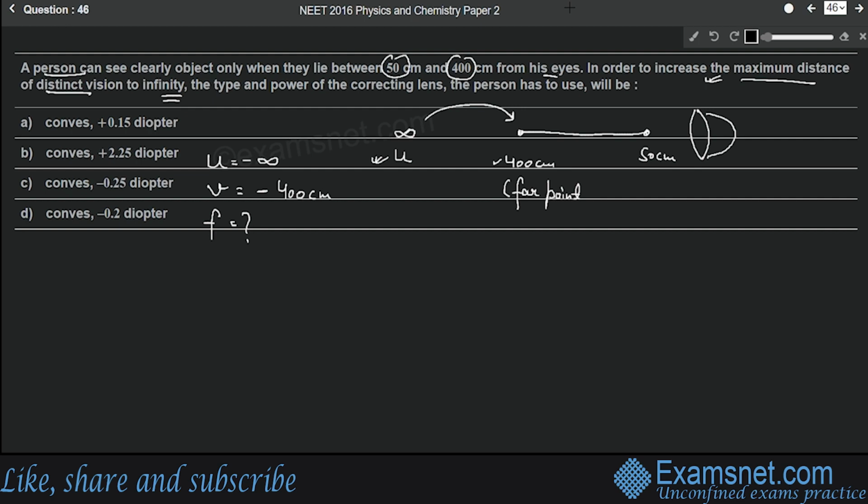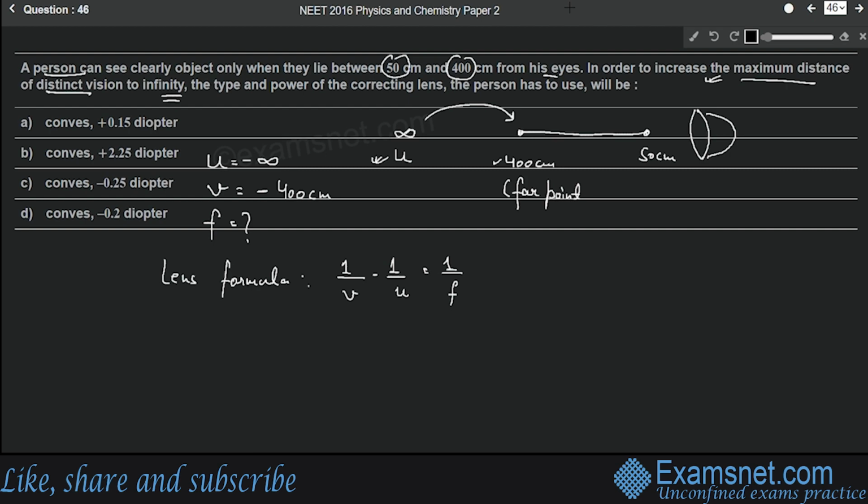So we'll use the lens formula. According to the lens formula, 1 by v minus 1 by u equals 1 by f. We are trying to find out the focal length of the lens that will be able to make the image at 400 centimeter.